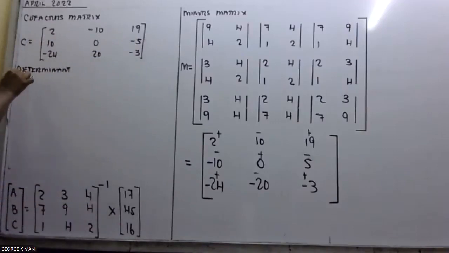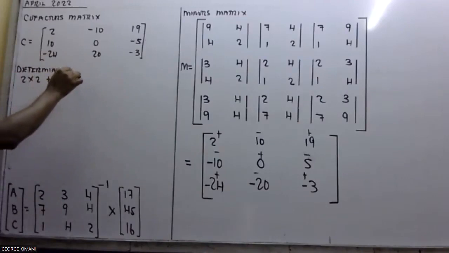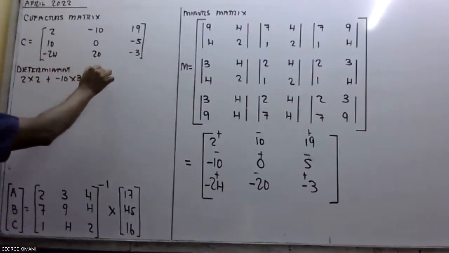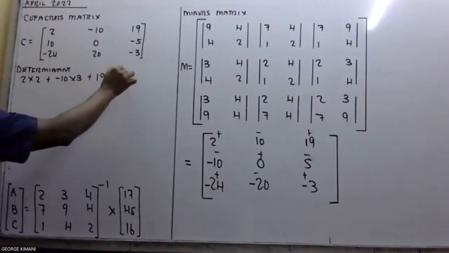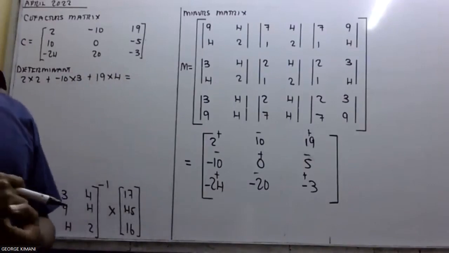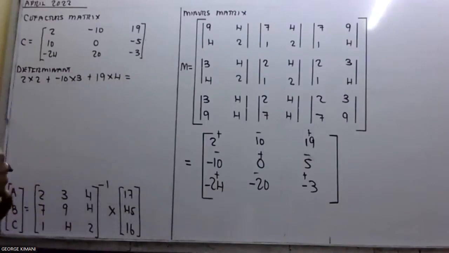So it will be 2 times these 2, plus minus 10 multiplied by 3, plus 19 multiplied by 4. Give me the answer.